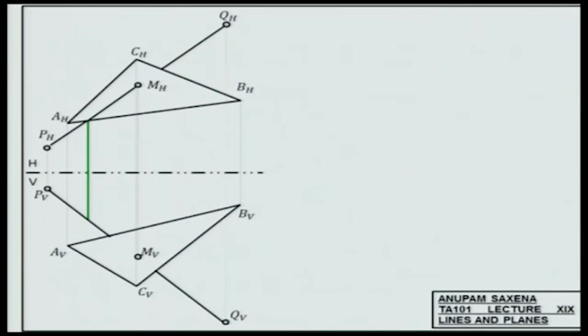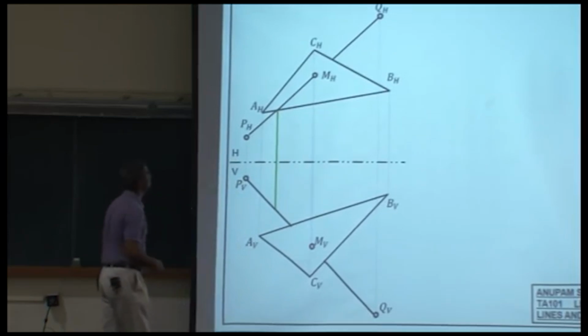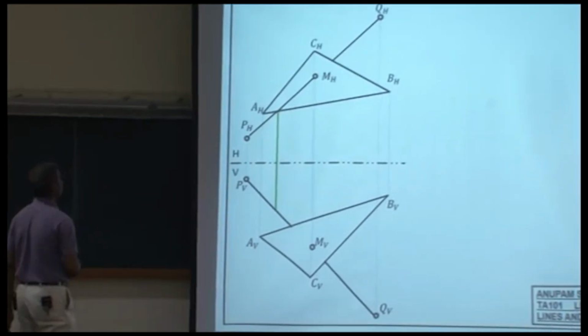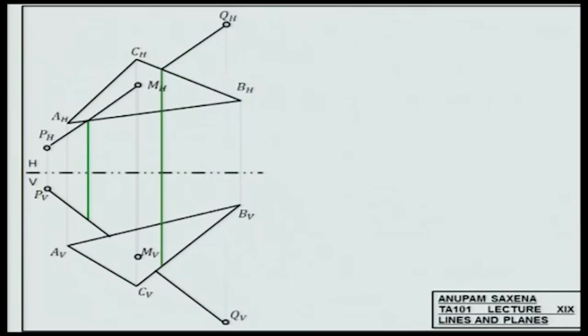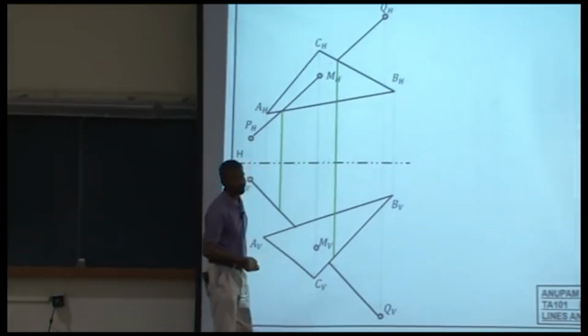And so I show that using a solid line. Now coming back to that intersection point, if I drop a vertical from there, that point represents the intersection between PQ and the edge BC.